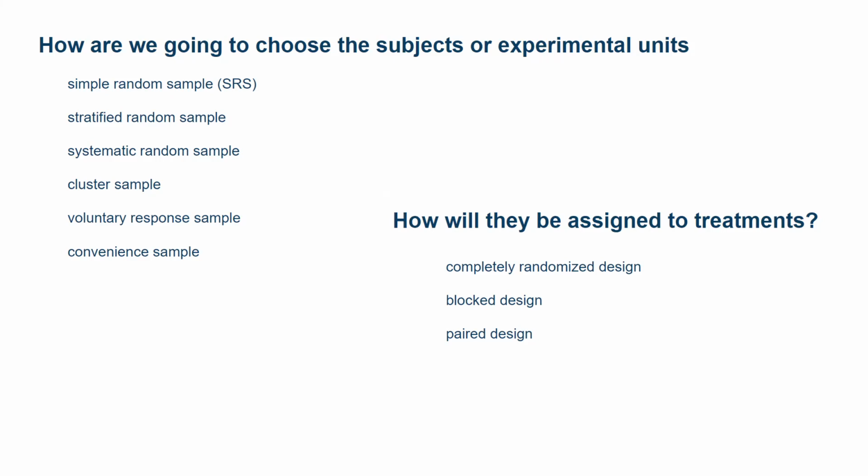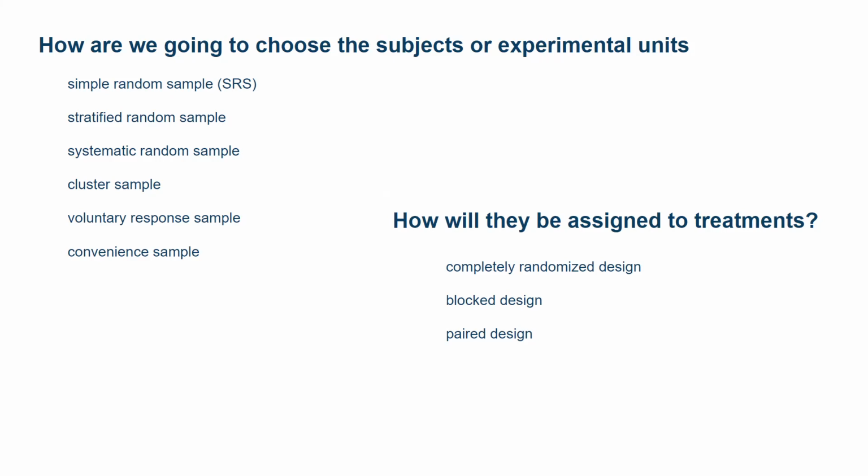All right, and then once you've got your subjects or experimental units, how are you going to assign them to treatments? We're going to do that either by a completely randomized design, a blocked design, or a paired design, sometimes called a matched pairs design.